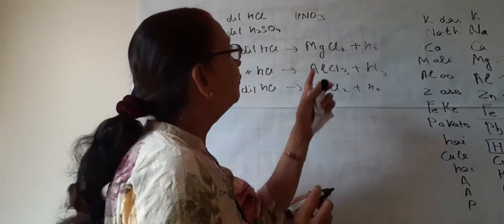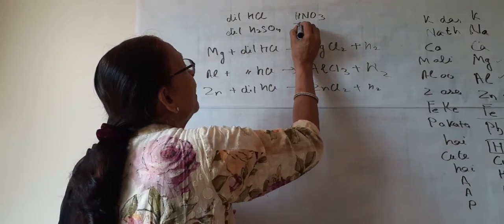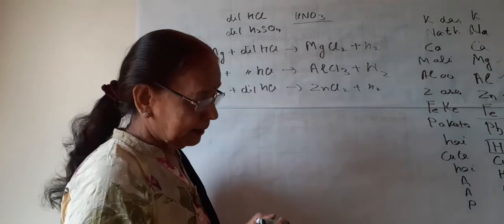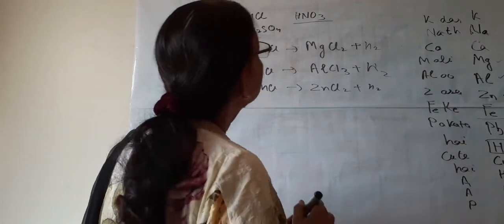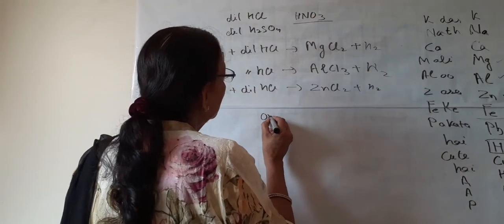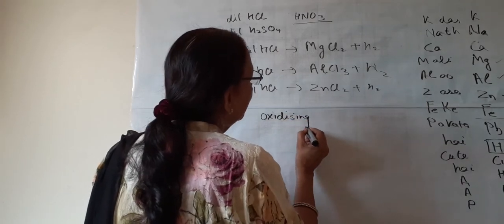So sulfates will be formed, here chlorides are formed. But we have not taken HNO3 in this reaction with metals. Why is HNO3 not taken? Because HNO3 is a very strong oxidizing agent.